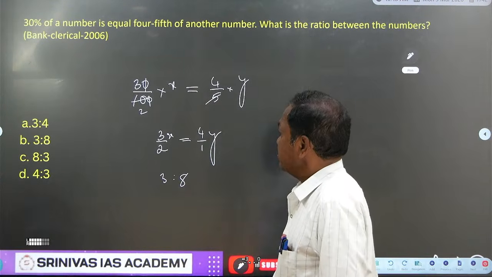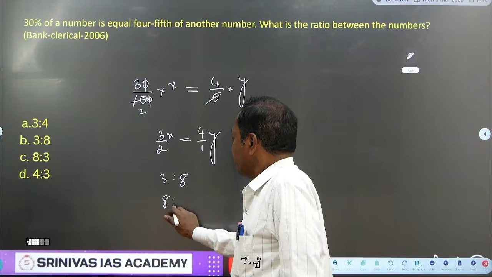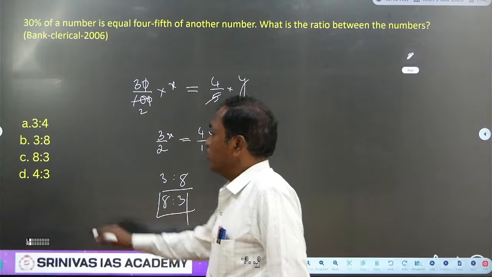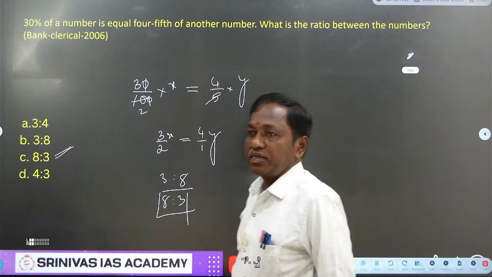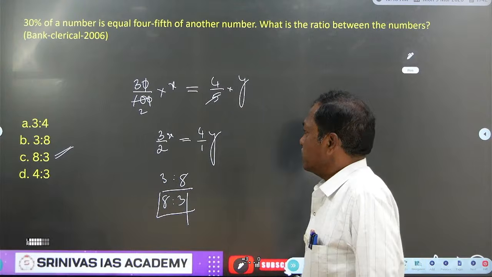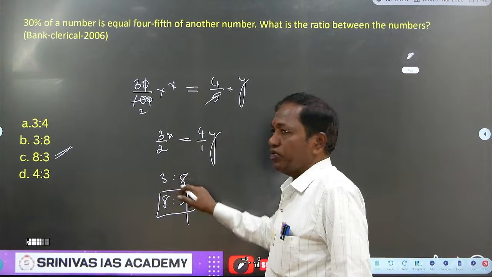Right, yes. And you are shifting, no? 8 is to 3. 8 is to 3. What is the option written there? 8 is to 3. So 3 into 1 is 3, 2 into 4 is 8.